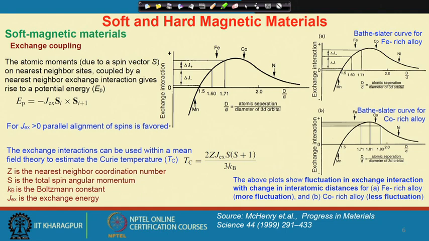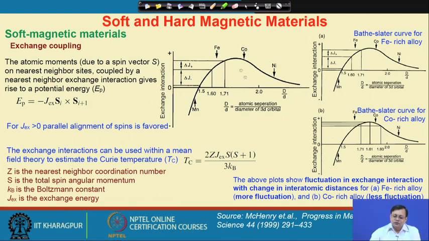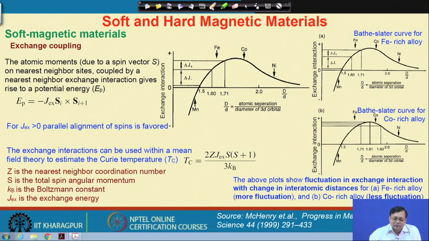Now, once again, like in hard magnetic material, where we have discussed the interatomic exchange coupling, in case of soft magnetic material too, similar phenomena occur. So, we also choose different alloying elements based on that. I have plotted here the atomic separation distance, d, divided by the diameter of the 3d orbital.